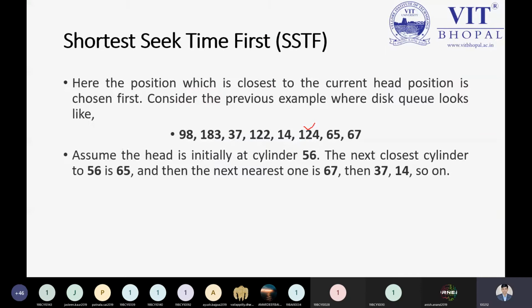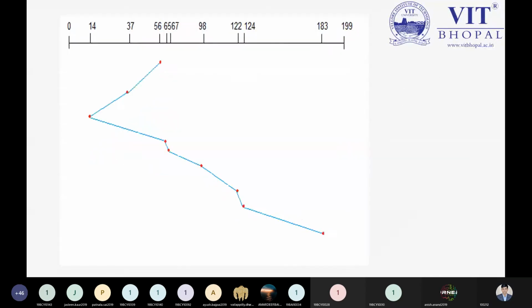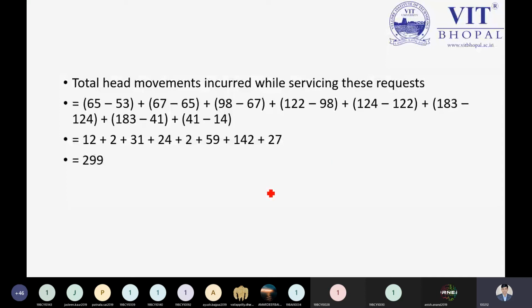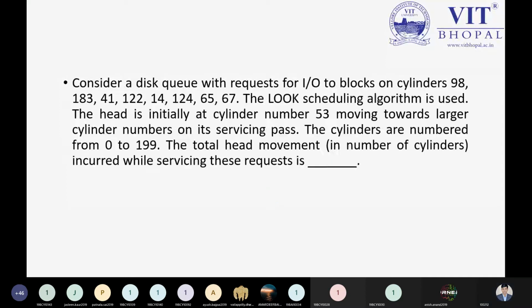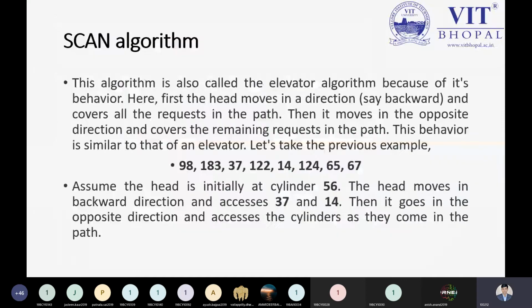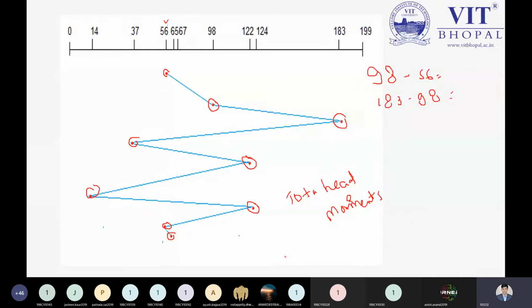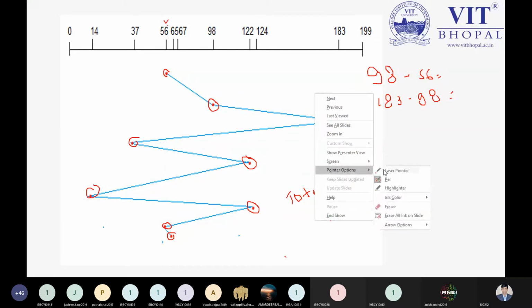Yes. How much are you getting? Okay, for a hint, I can give you some help over here. This was the slide. Now tell me the total head movement.